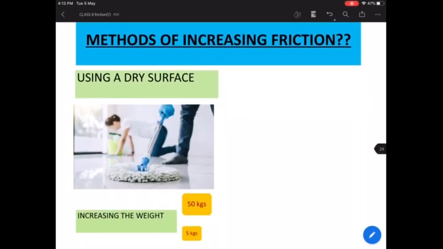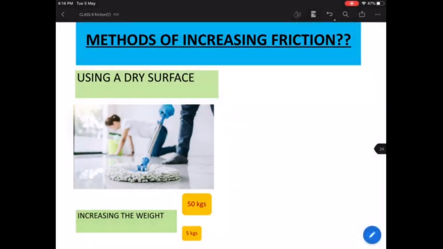Now next, so the first point is by making the surface rough. The next point that you're going to apply is by making the surface dry. Suppose at your homes, if there is water spilled on the ground, then the friction will be less, and then you can slip easily. So that's why we say we have to always keep the floor dry. Why?